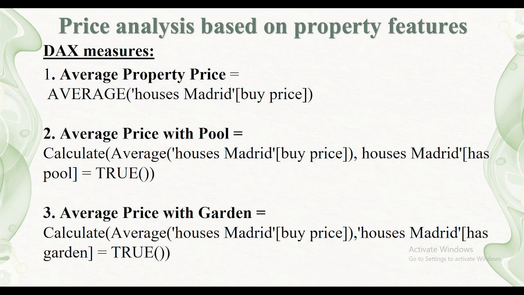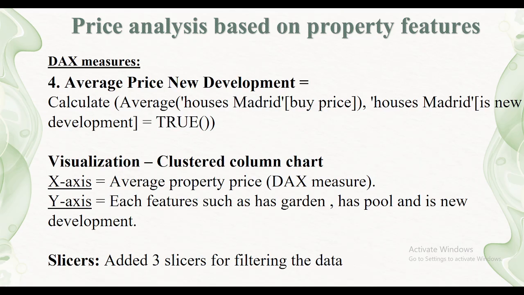You need to calculate the average house measure price only for properties where has pool is equal to true. Similarly for the garden, wherever the has garden column is true, there you calculate the average house price. And also the new development. Same thing I have done here. So these are the three DAX measures that I have used.